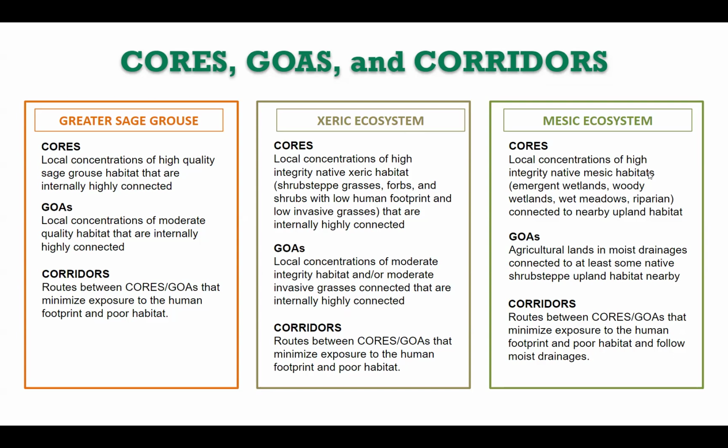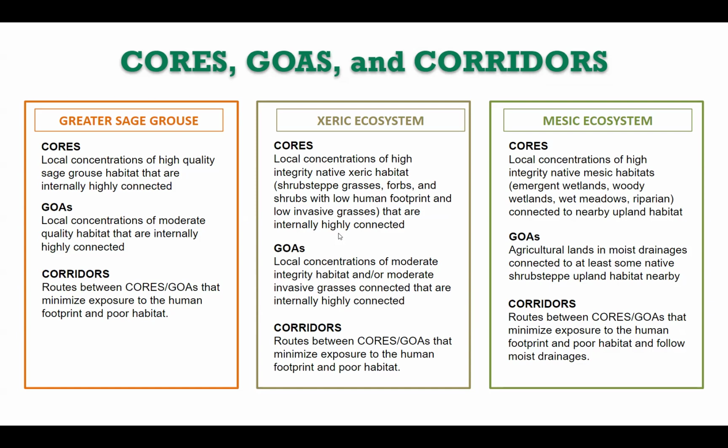And then the mesic ecosystem is really focused on where those wetlands and riparian areas and wet meadows are. And this is an important caveat here. The mesic ecosystem also includes some upland habitat around those wetlands, right? So those local connections to upland habitat are included in those cores. Growth opportunity areas you can think of as the next level of quality.